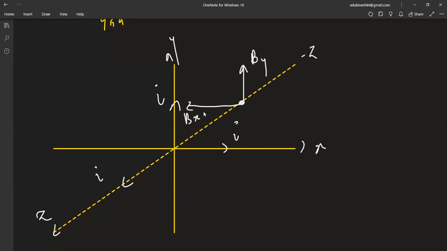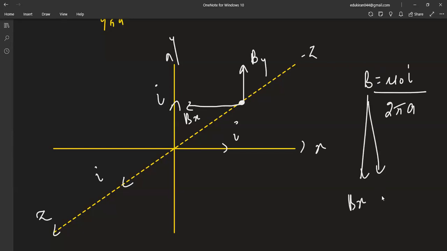This is simple resolution of vectors, because I have to have this magnitude as mu naught I by 2 pi a. So this is the resultant, and this is because of Bx and By.